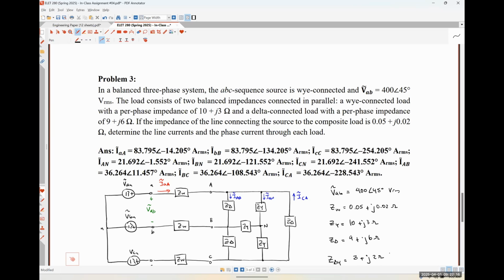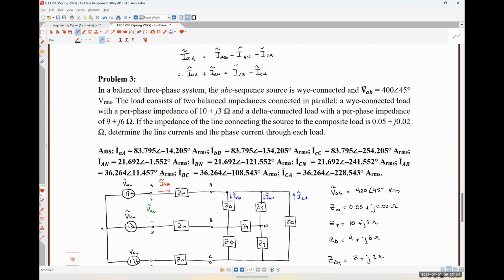So I have a current of IAA flowing in, and then I'm going to have an IAB minus an IAN minus an ICA. And so I can see pretty easily that I'll have IAA plus IAN is equal to IAB minus ICA. Does my KCL relationship make sense here?